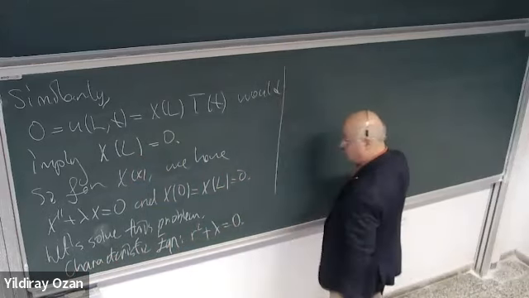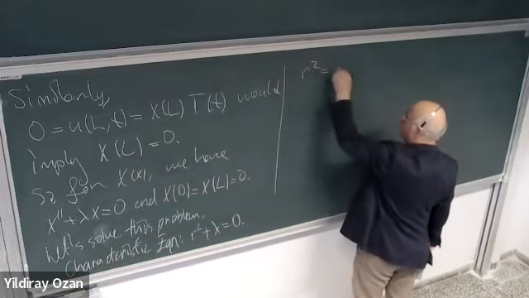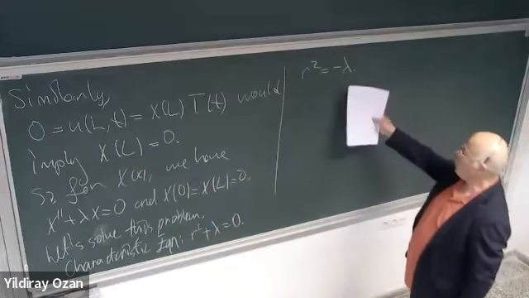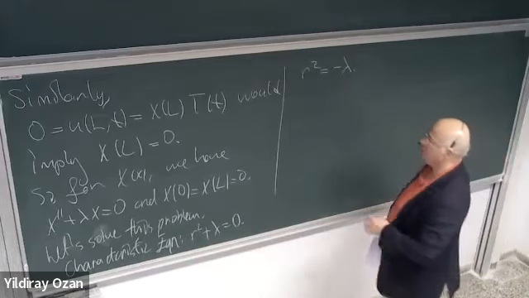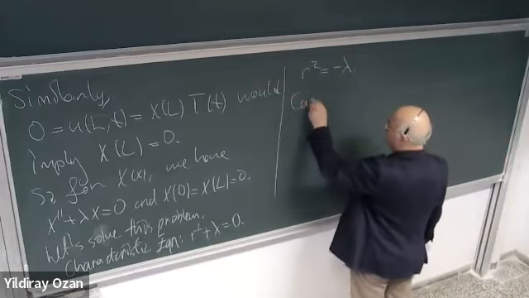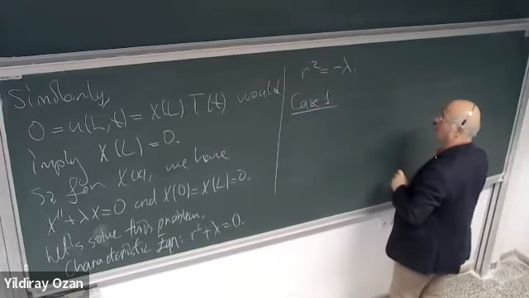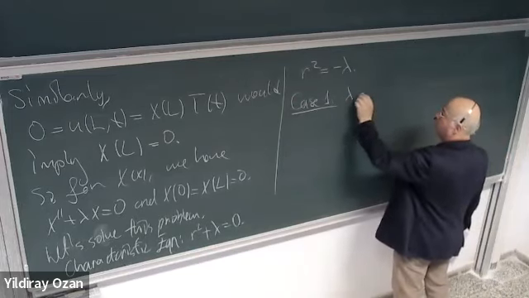Well, so we have r squared is equal to minus lambda. Depending on lambda, this will have different kinds of solutions. So we have cases. Case 1, let's say lambda is negative.